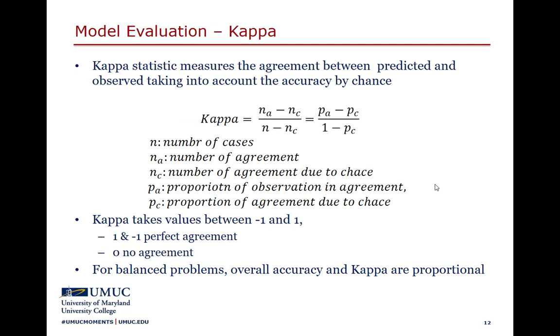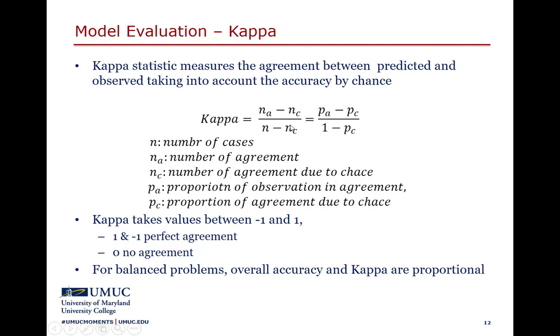So a little better one than accuracy also takes into consideration the possibility that the prediction performance that you see from the model might be a result of chance. So it takes that aspect into consideration. It's called the kappa statistic, which is calculated like this.